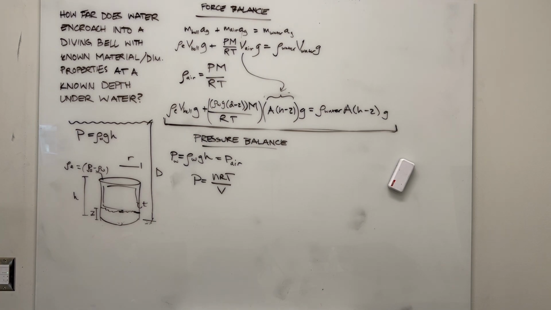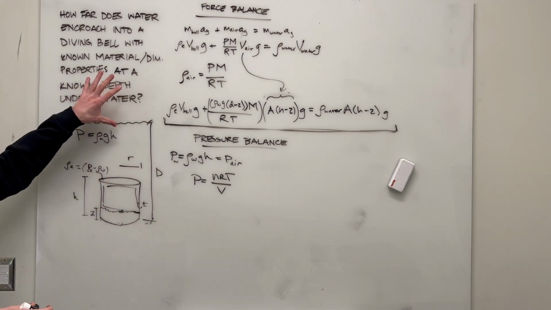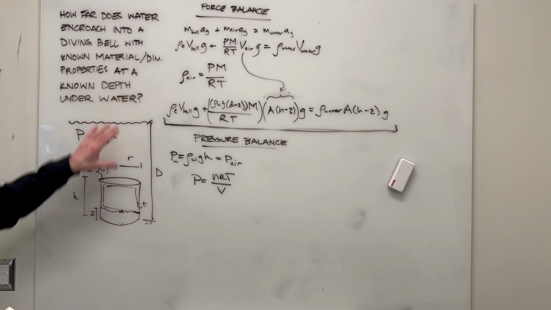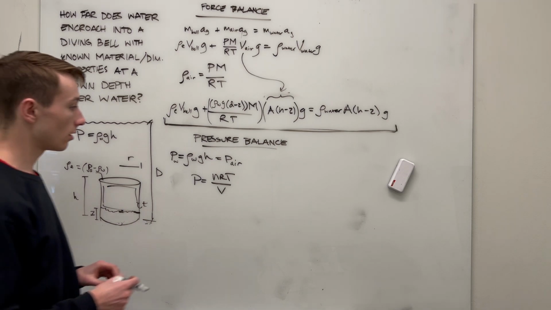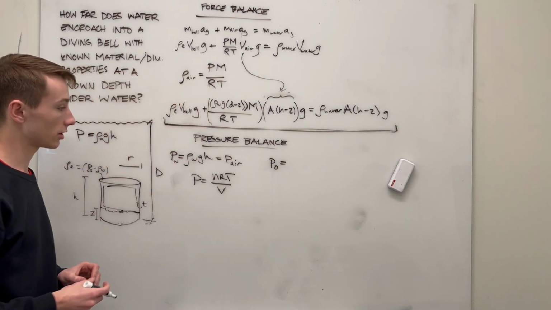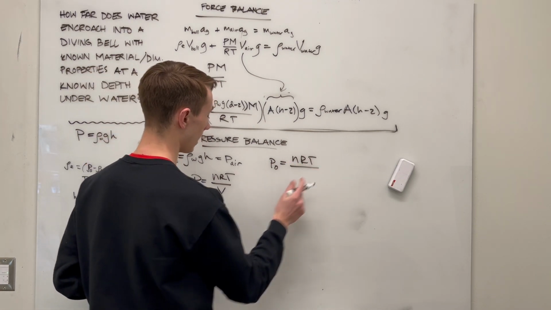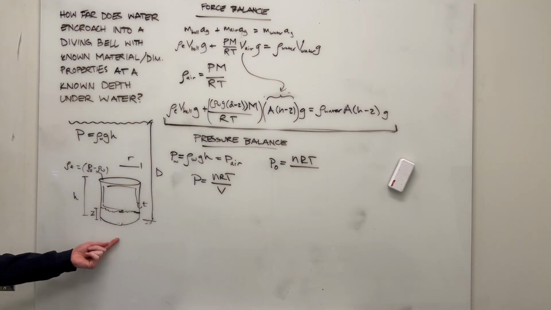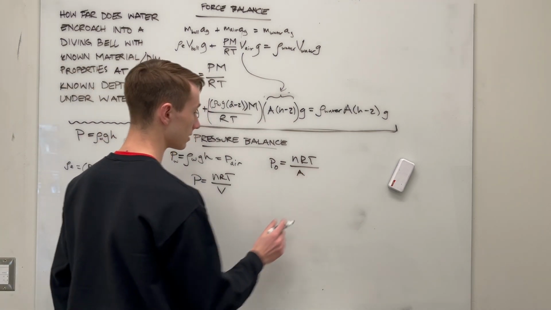Okay, so we need to think about how the pressure changes from the surface of the water, before the bell is even dunked, all the way down to the bottom. In the initial state, pressure equals nRT over V, and V just equals the volume of this cylinder, which is the area times the height.